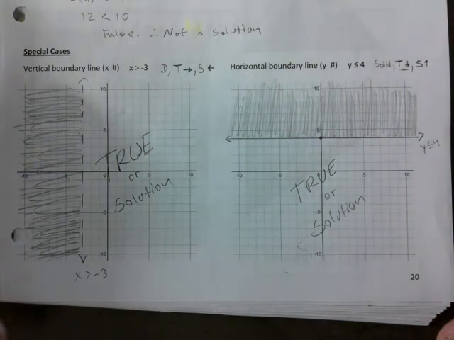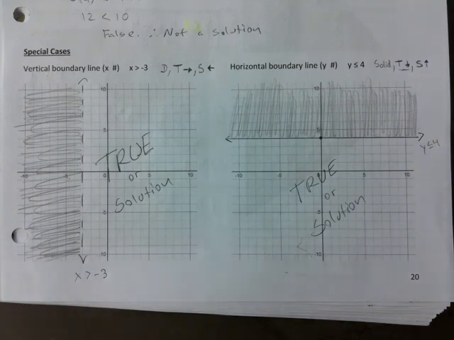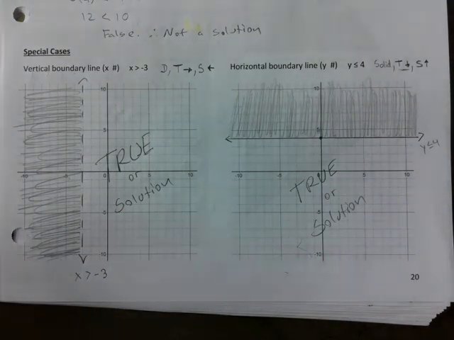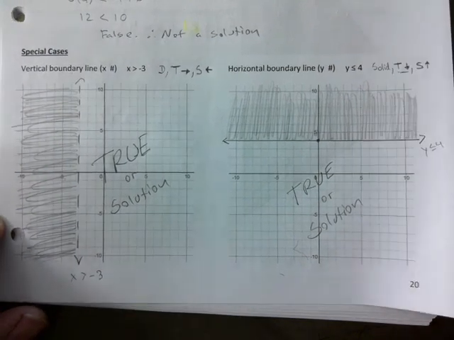So you have your special cases. These are easy to do. There's not much to it, right? You just don't have to worry about finding 2 points. You just have that 1 point and cut through it.